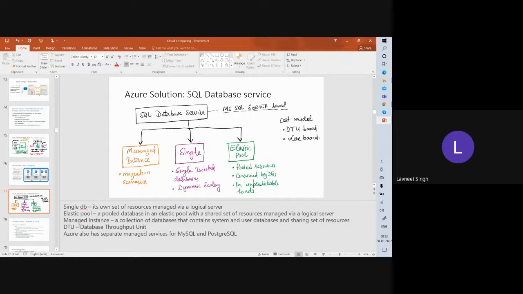Like we discussed, right? Now, DTU is the unit for costing, how much it will cost you. So database throughput unit. It is defined in terms of how much capability you want from your database, and DTU is a unit. So how many DTUs get consumed by your service is how the billing will happen.